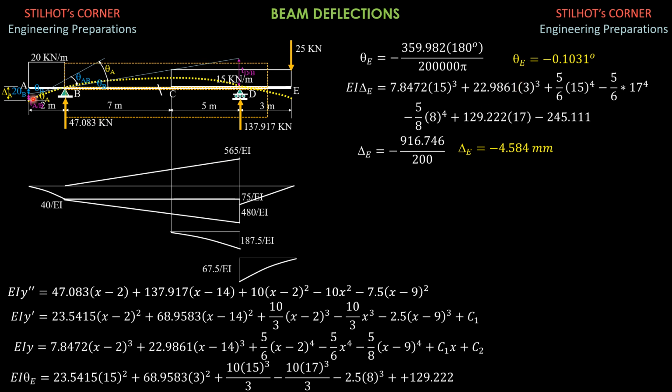Let's just use the double integration method to check our answers for theta A and delta A by area moment method and theta C and delta C by the conjugate beam method also.